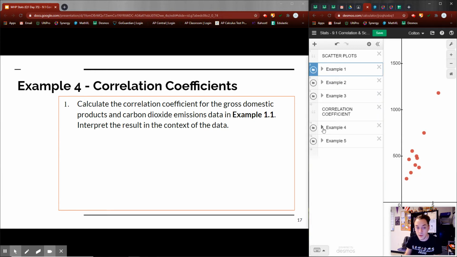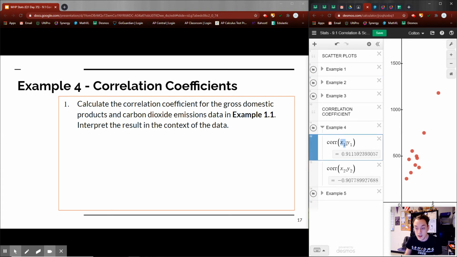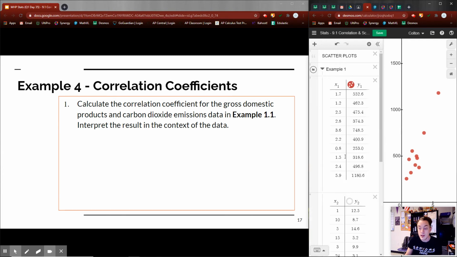Now go to example 4. Look at this: X1, Y1. All I must do on Desmos is literally type CORR, and then parentheses, and then I put down the X label and the Y label that I had in my original table.